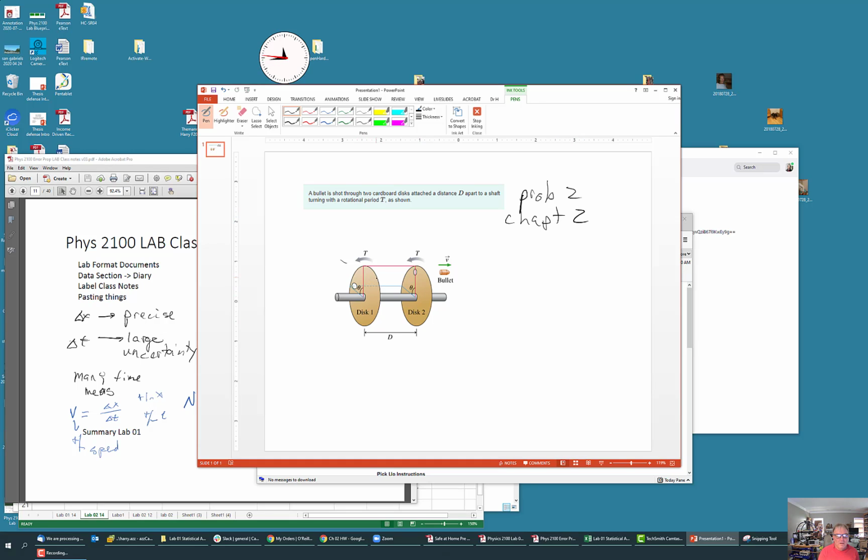Alright, so the bullet comes in, goes through one disc, then the next disc. And remember, these things are spinning. They're spinning at the same rate, they're spinning together. So as you can imagine, when it hits this disc, then it travels.